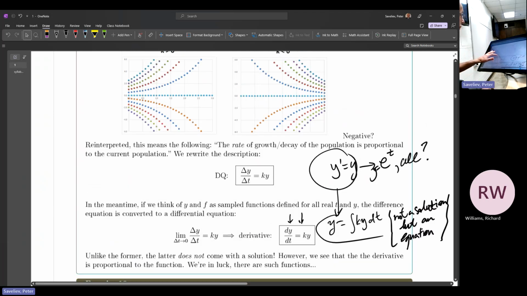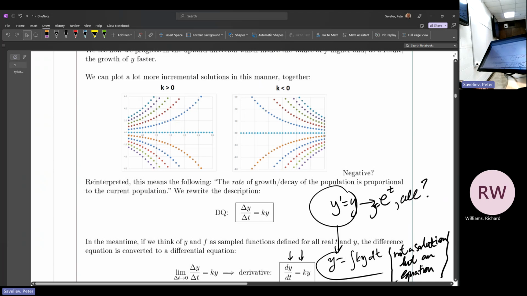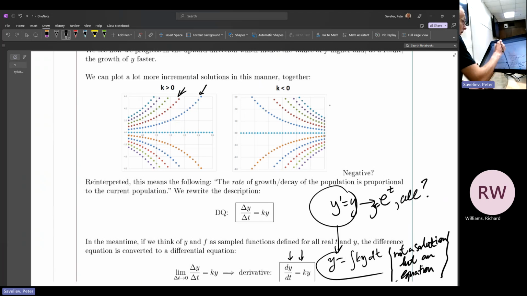You can try to use these pictures to guess this, because this is one solution, but then there's another one. It looks kind of similar. What do you think is the relation between those curves? Guesses would be plus a constant. No. Plus a constant is a shift.